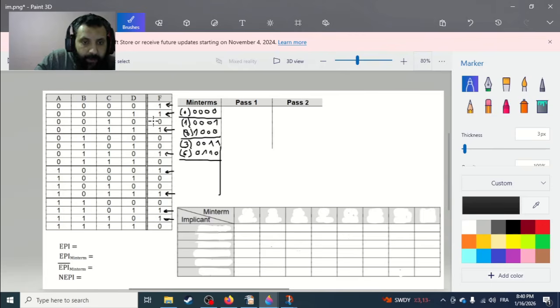Okay, this one is done, this one is done. We are left with this. This is the value 11. 1, 0, 1, 1. This is the value 13.